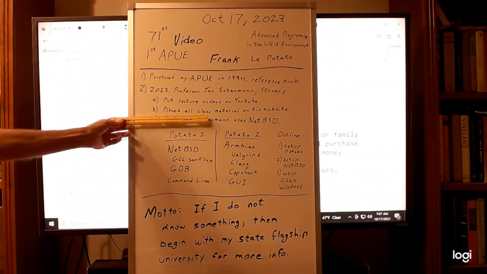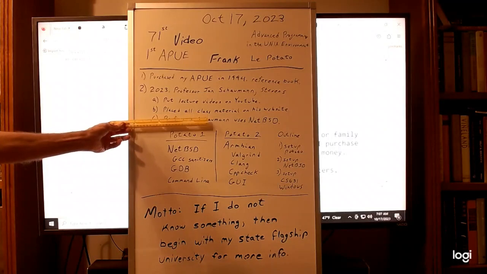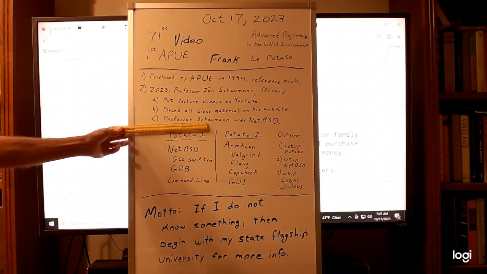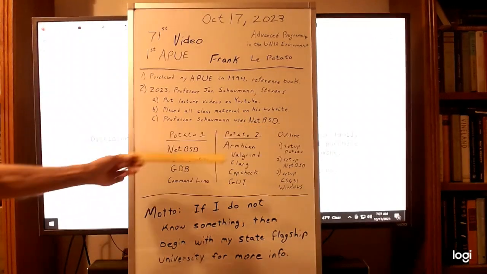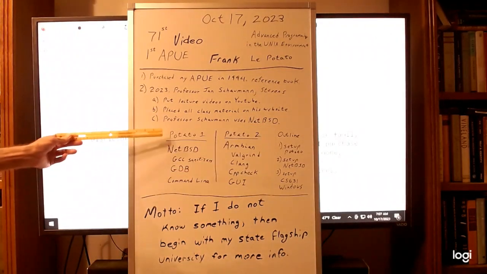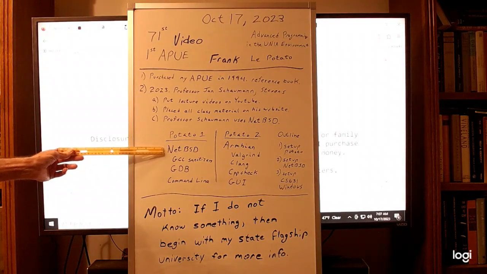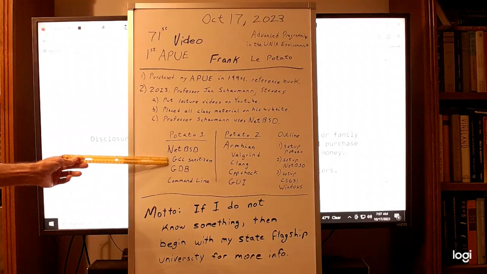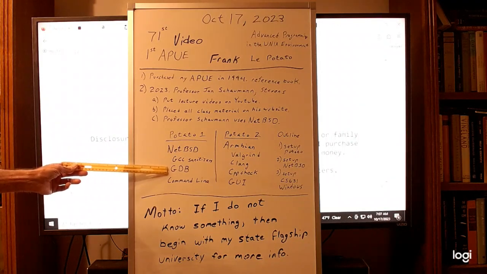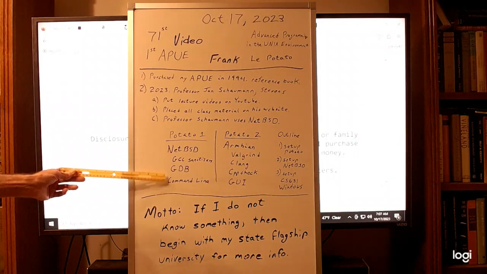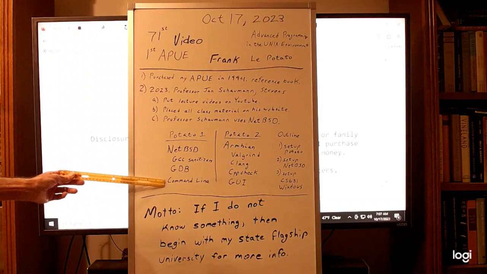He put all of his class material on his website, and Professor Schaumann uses NetBSD. Now I've got one potato where I will set up NetBSD, and I want to use GCC sanitizers and learn more about the GNU debugger, and the class is all on command line.